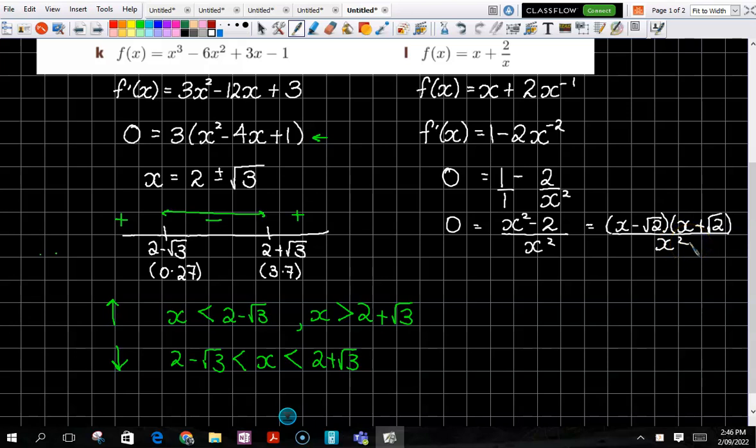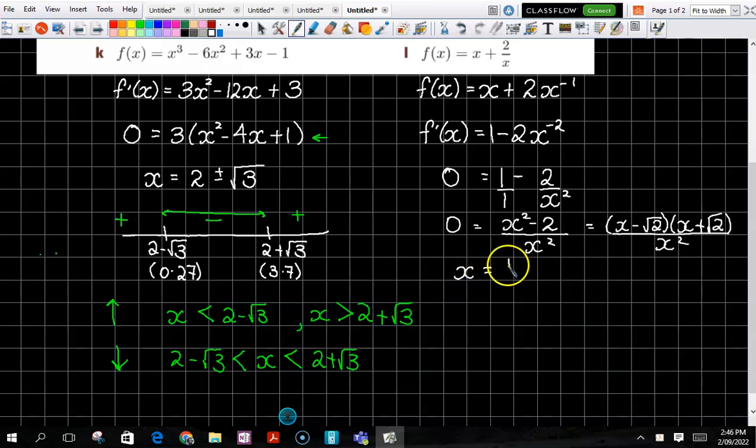Now, I like to call them my critical values, because remember, we want when the derivative equals 0, but also any vertical asymptotes. When we have a fraction like so, clearly it will be 0 if the top line is 0. So what makes the top line equal to 0?